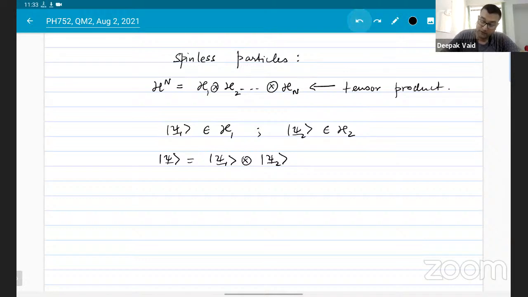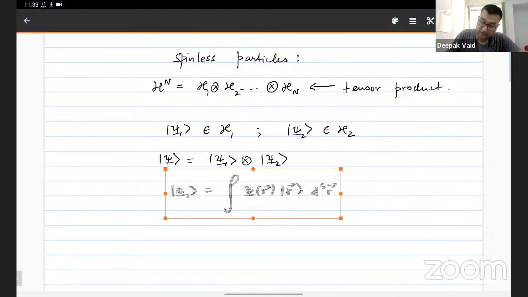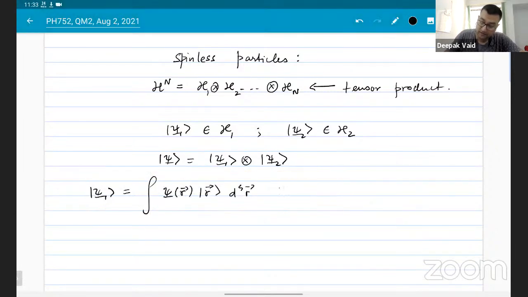What would this look like in terms of components? In terms of components, psi1 is the integral of psi of r, ket r, d cubed r, right? Similarly, psi2 is the integral of psi of r2, ket of r2, d cubed r2, with an index on the r's also, because the r coordinate is going to be different for the two states.